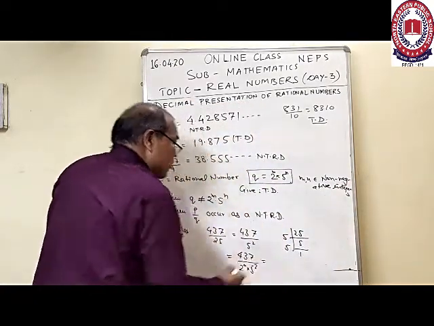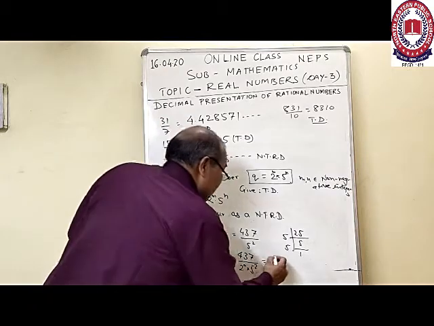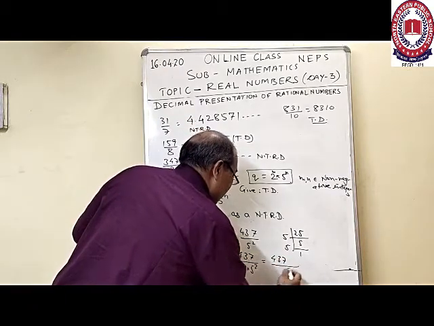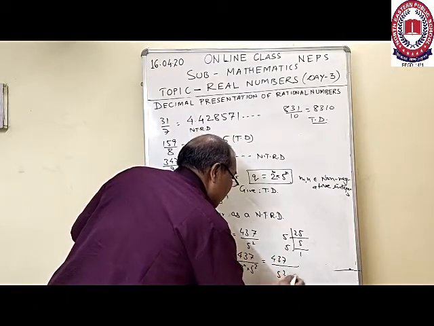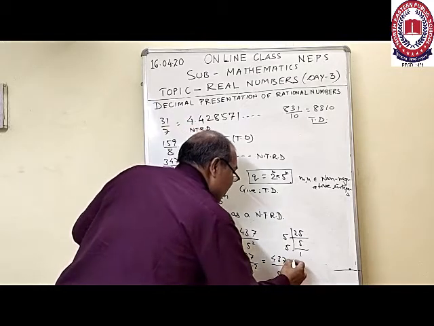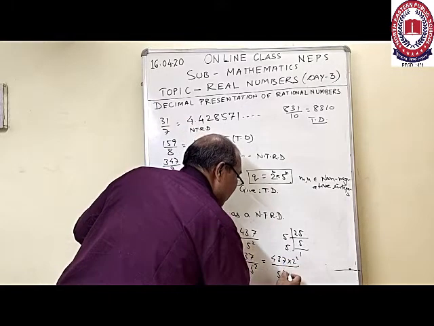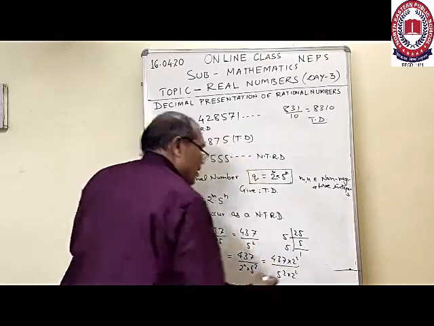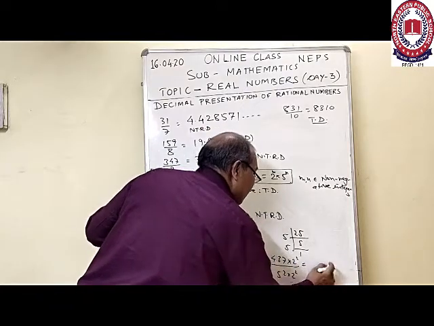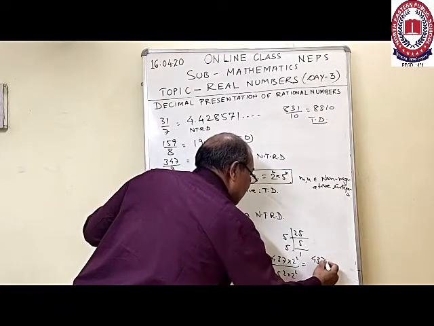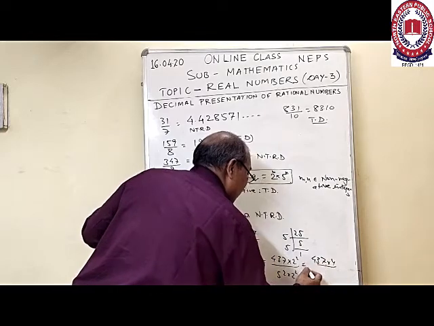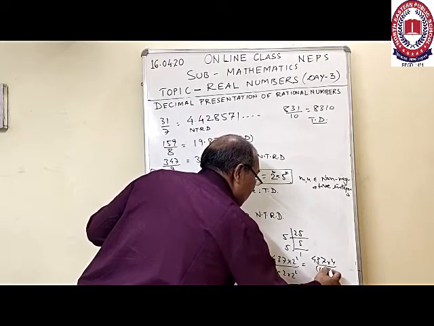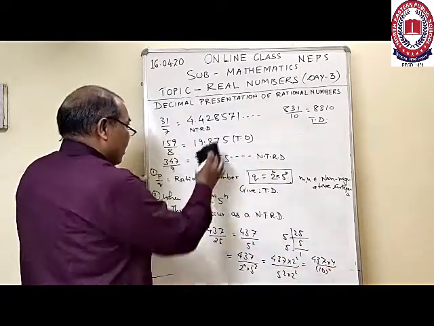But how will it be represented? See, 437 upon 5 square was this number. When we multiply this number by 2 square, here also by 2 square, this can be written as 437 into 4 upon 10 square, right?